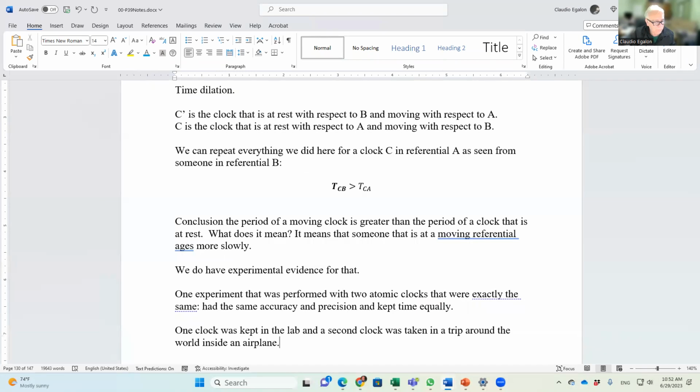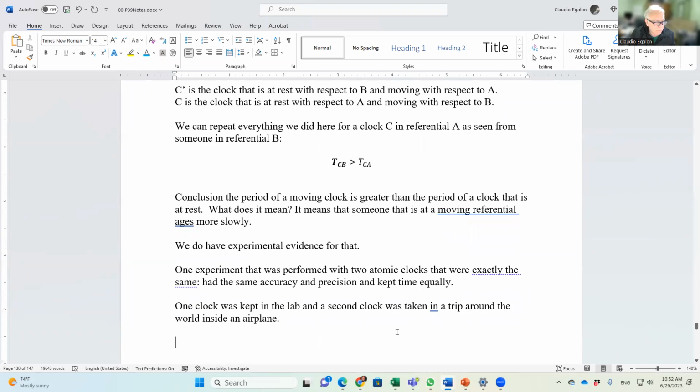One clock was kept in the lab. I'll call it clock C. And a second clock was taking a trip around the world inside an airplane, clock C prime.